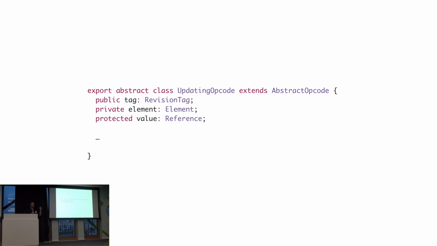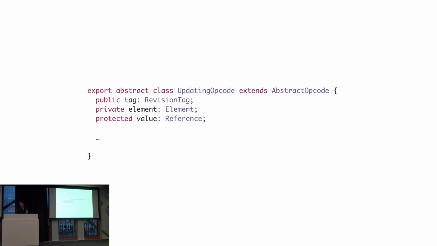If the tag is still valid, it would basically be a no op. If it's not valid anymore, it would do whatever that opcode is supposed to do. So I think there are opcodes for, I don't know, updating attribute values, for example. Right? So for all those DOM manipulation things, you will have different opcodes. But the main takeaway here is that they would always validate their tags first. If the tag is still valid, they would basically not do anything, because the value hasn't changed and the DOM is still in sync with the app state.